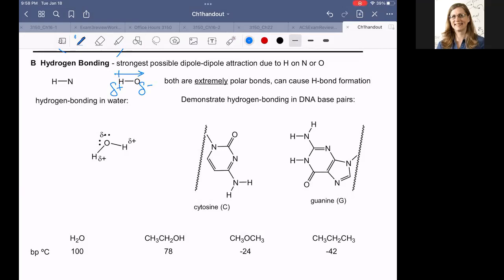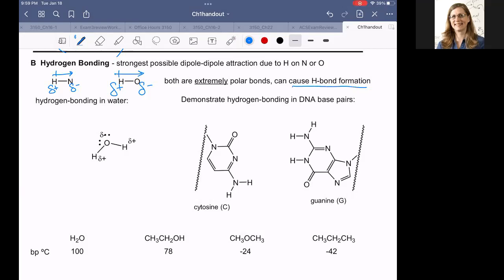So the oxygen really just takes them all away. And the NH is also quite polar. So this is also a partial minus and a partial plus. Not as extreme as the OH, but NH is also a very strong dipole moment. So those extremely polar bonds can cause hydrogen bond formation.